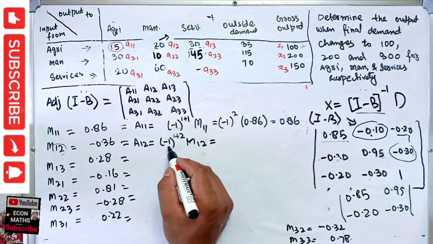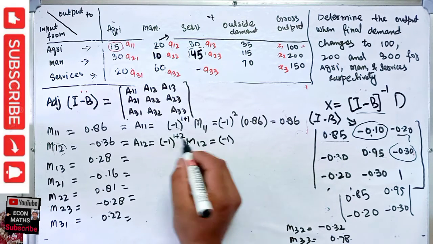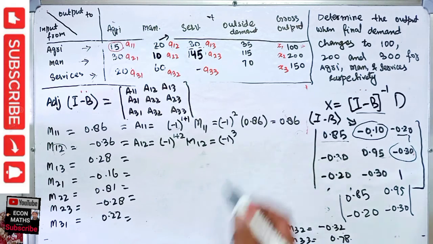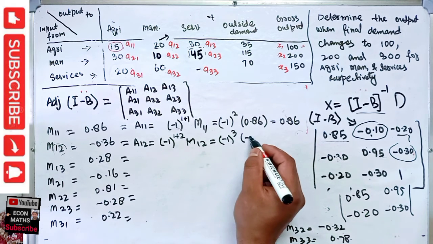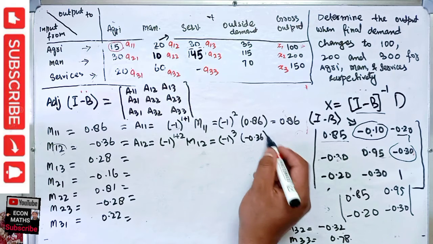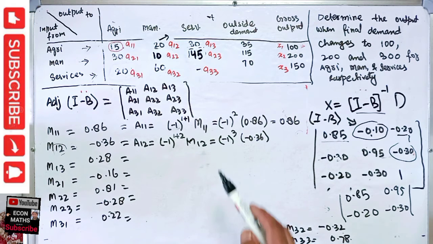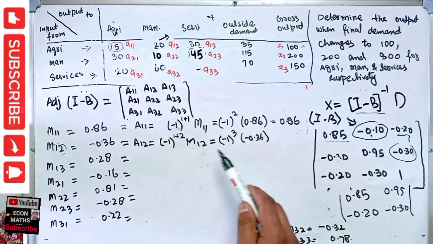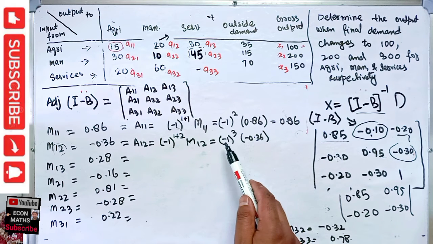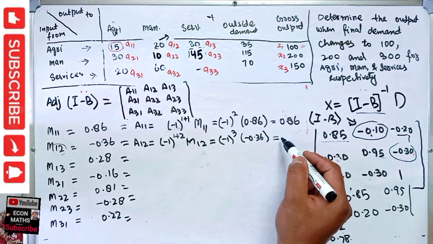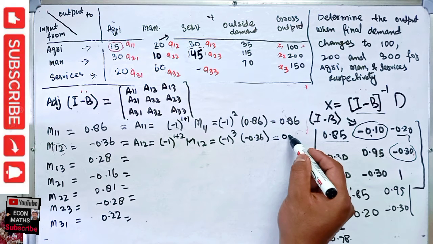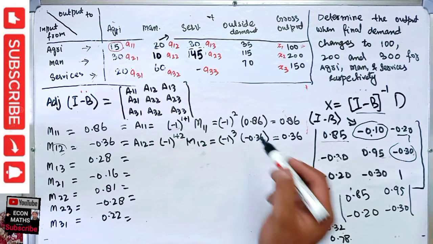So 1 plus 2 is 3. M12 is this minus 0.36. Here we can see minus 1 raised to an odd power would be minus 1. Now minus into minus would be plus, so we will get this number as positive, 0.36.